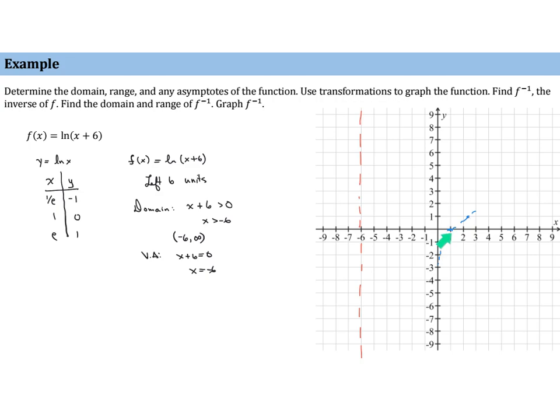So, instead of 1, 0, we're going to have -5, 0. And then I think it's easiest to move e, comma 1, and then 1 over e would get shifted to the left also, 6 units.